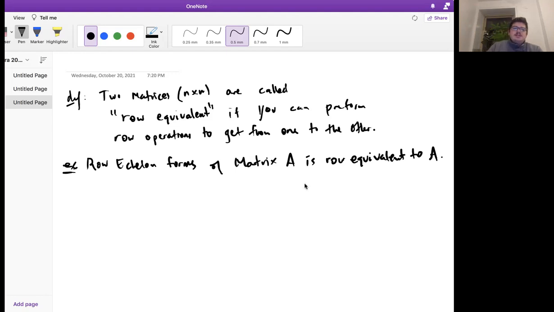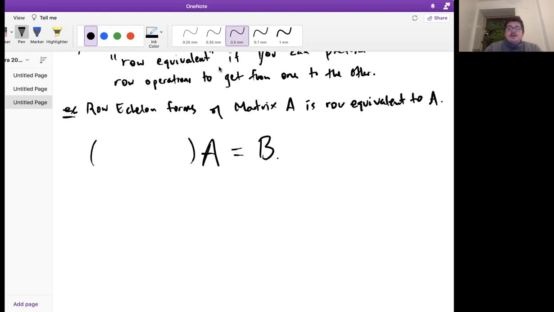Okay, so let's express this in matrix algebra form. We know that row operations can be expressed as products of elementary matrices. So A is row equivalent to B if what?